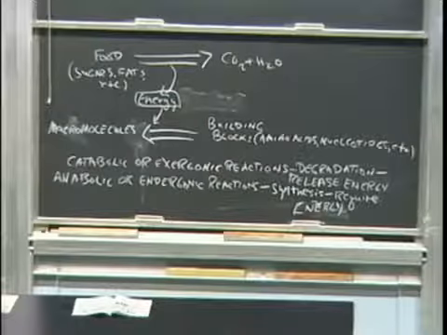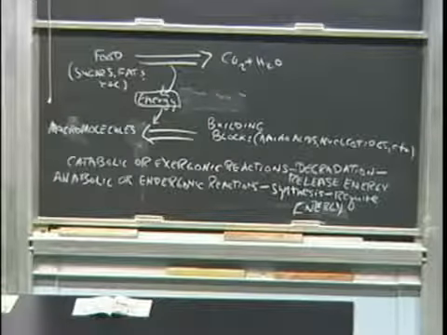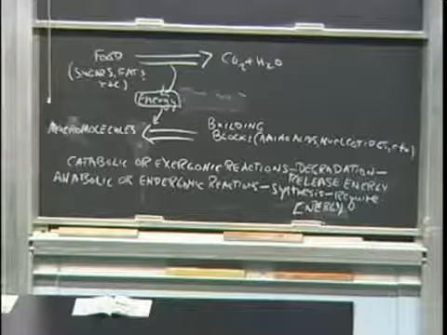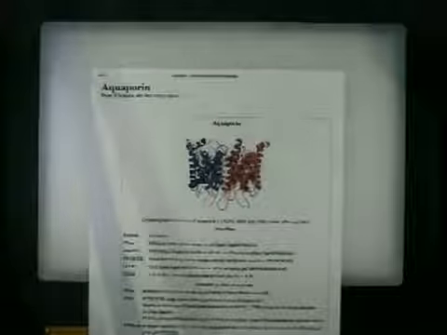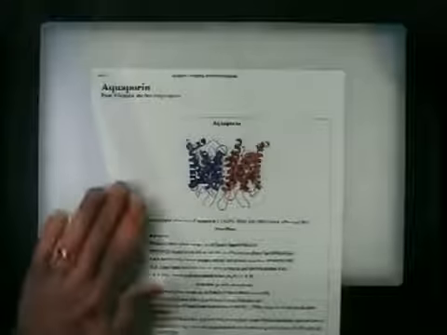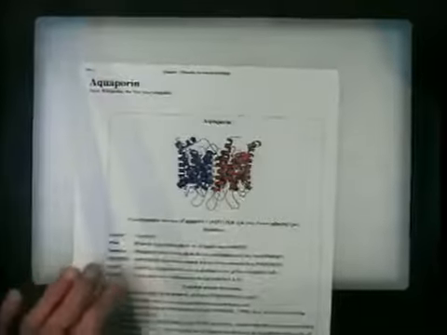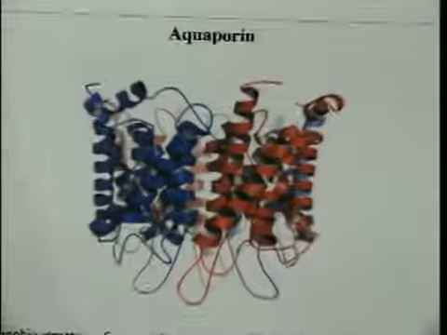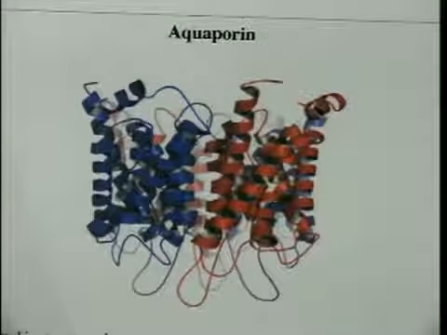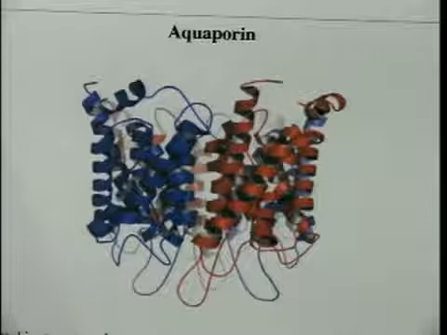Another sort of channel type protein, which I'll just mention because I think it's particularly interesting, is a protein called aquaporin. This is the structure of aquaporin. And you can see it's got a lot of helices. It's a membrane protein.